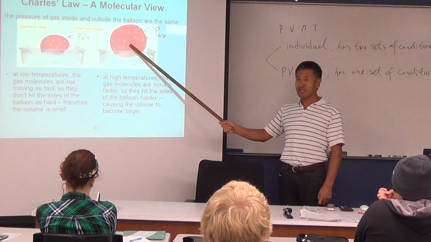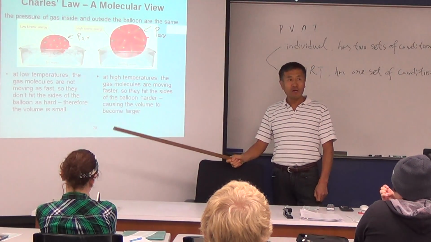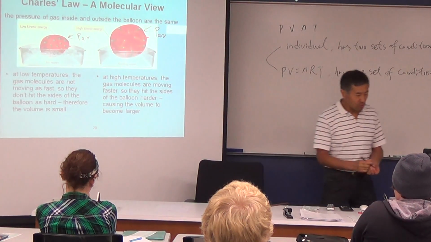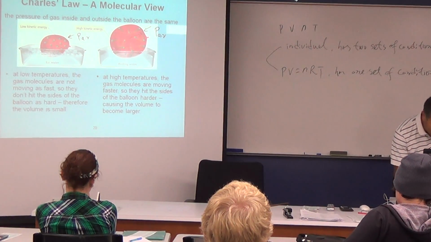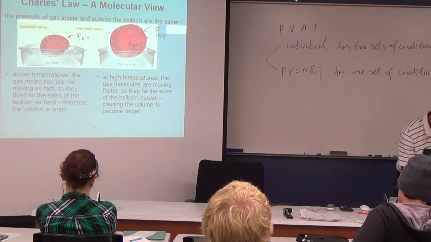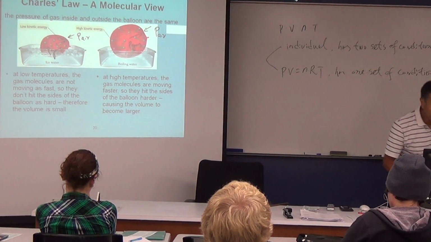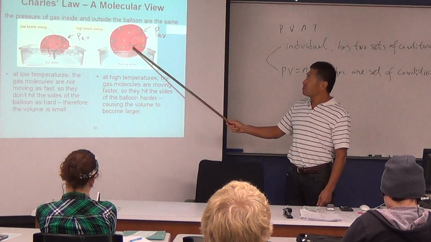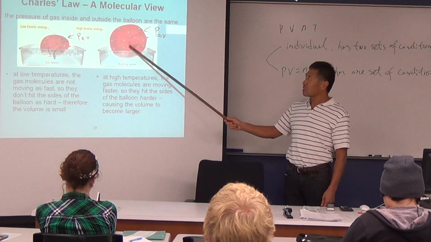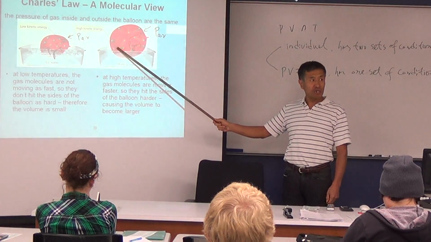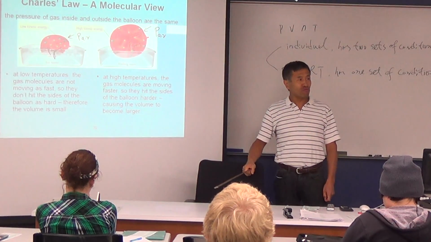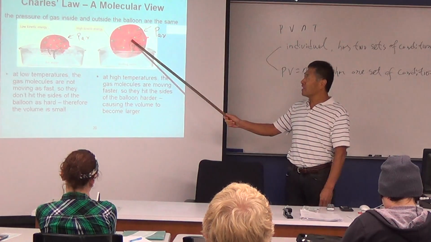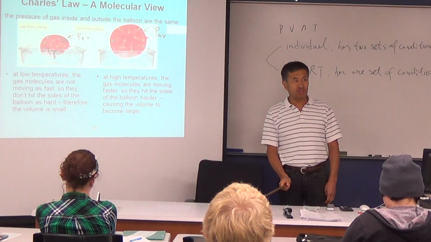And why does this have a lot of volume, and that has lower volume? Because in order to keep the inside pressure, this will be our P gas, and this will be our P gas. So the P gas and the P air should be the same. In order to keep P gas equal to P air at high temperature, the gas particles are moving faster. So when they move faster and strike the surface, they carry more force.